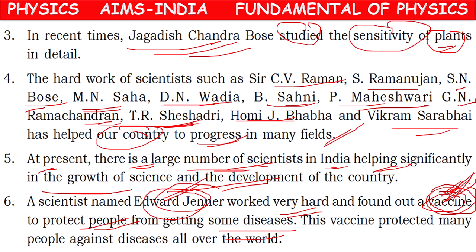For pandemic diseases, our scientists have developed vaccines so that if we take the vaccine, the disease will not affect us. So vaccines protect people against diseases all over the world.